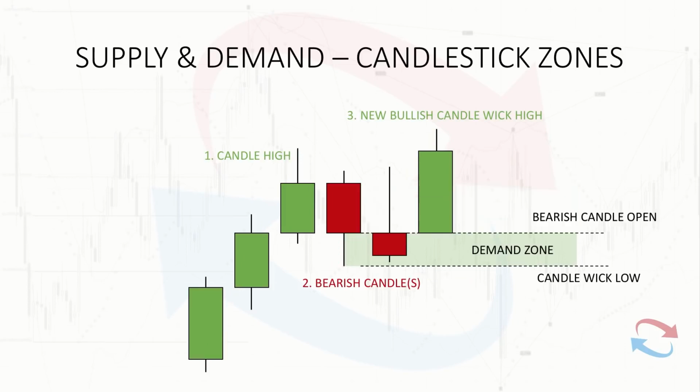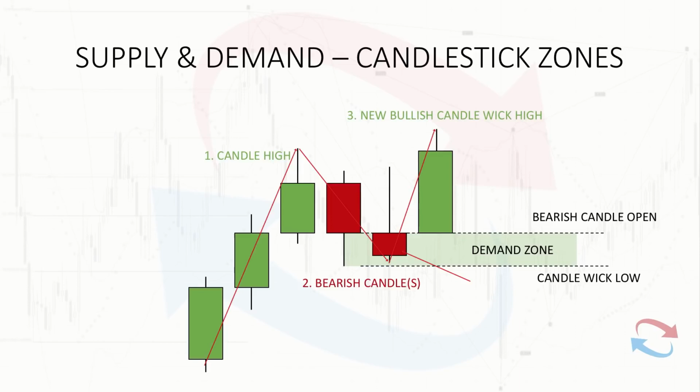Now, if we get a situation like this, where we have a bullish candle, then 2 or 3 bearish candles, and then a bullish candle, the demand zone will be drawn from the last bearish candle in the sequence.